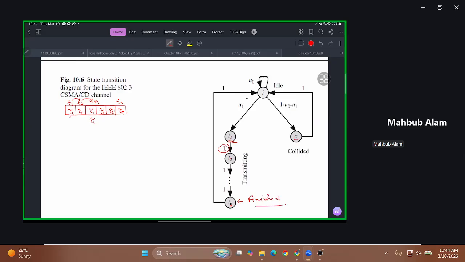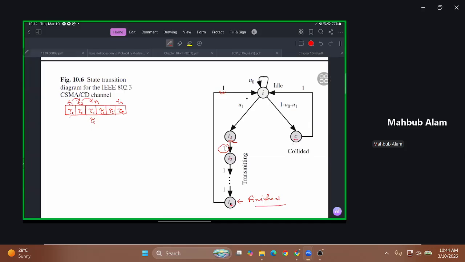Since the transmission will be finished, the state of the Markov chain with probability 1 will go to state I, which is the idle state. So if we summarize, we have three states. One is the transmitting state, which has actually multiple similar stages or states, T1, T2 up to Tn.